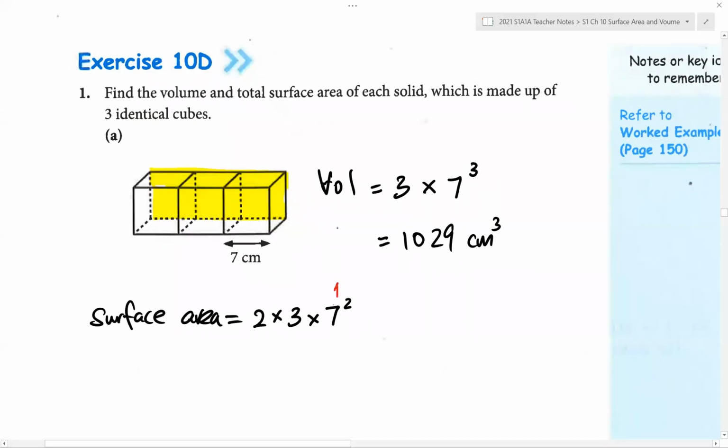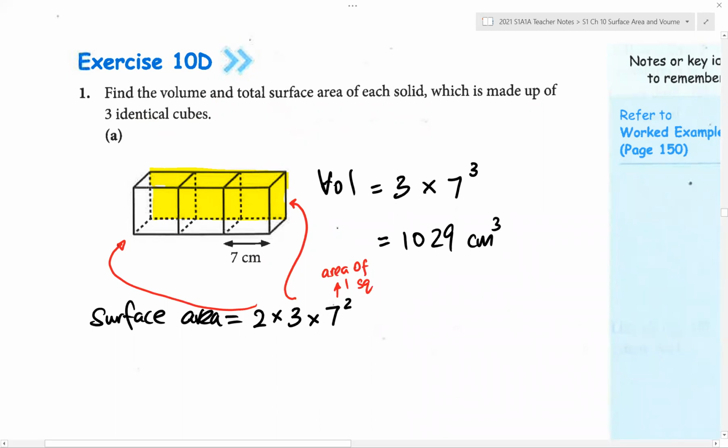This 7 squared refers to the area of 1 square. The 3 over here refers to the 3 yellow squares in 1 rectangle. And this 2 refers to a duplicate, front and back the same. So by doing so, I have the areas of the front and the back. This is one way you can do it.